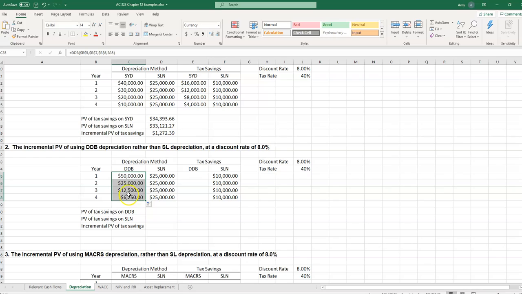And in year 4, we need to force the depreciation because there is no salvage value.